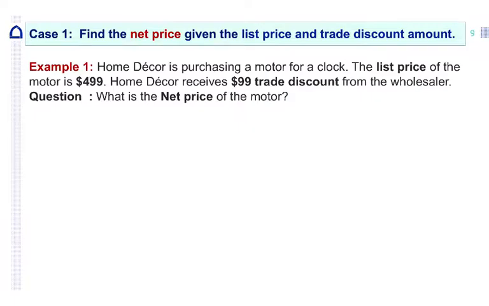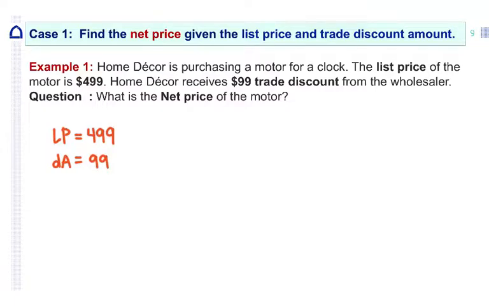So here's another example. We've got a company and they're buying a motor. They say the list price of the motor is $499, but obviously they can't pay that expensive price because they will have to go ahead and resell it to the customer. So they get a discount amount of $99 off.